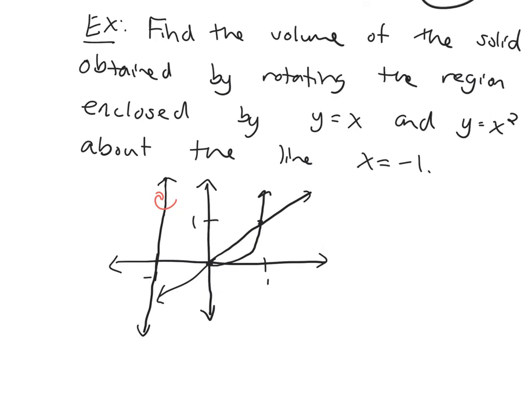So I'm still looking at the same region as last time between these two, but now I'm rotating this way. Remember, we take our strips perpendicular, so my rotation line is vertical, so my strip should be horizontal now.